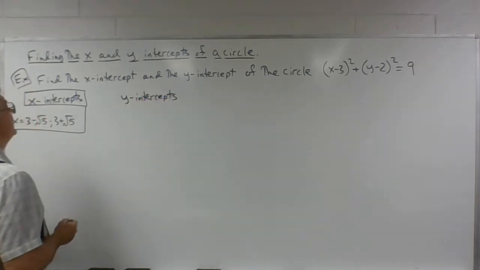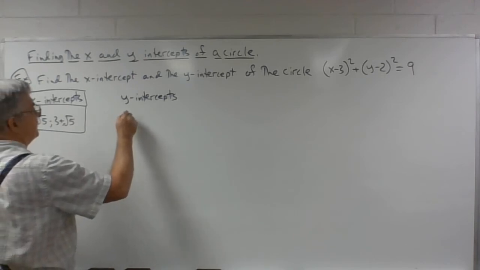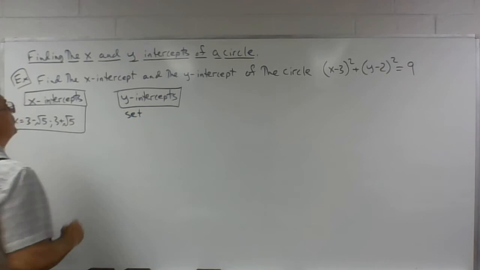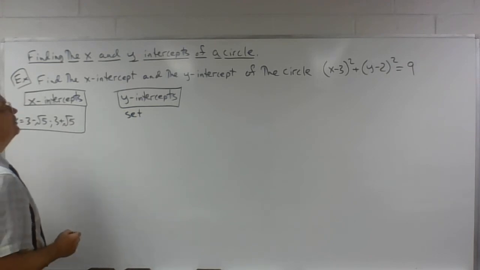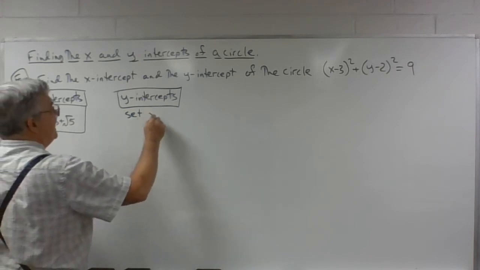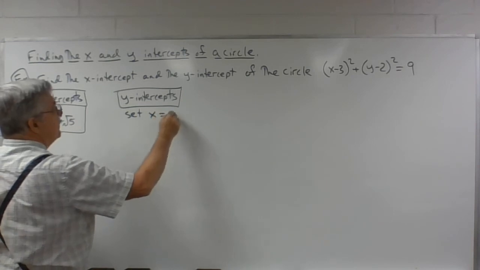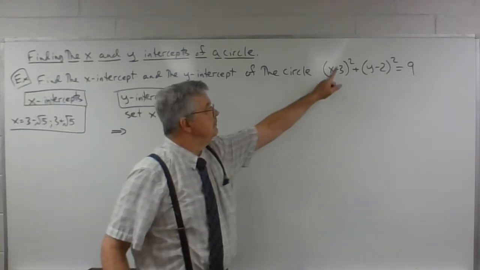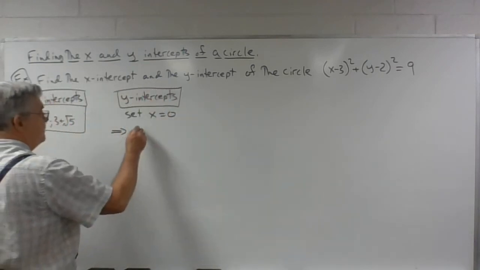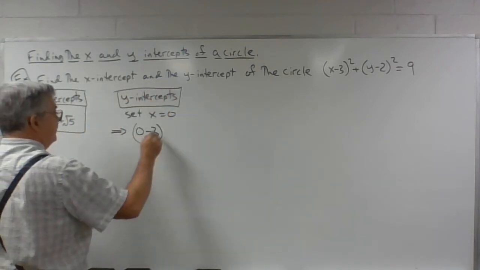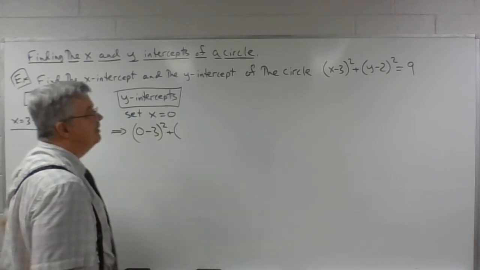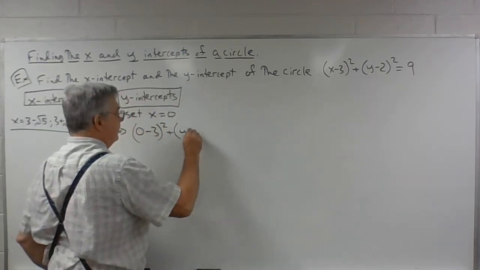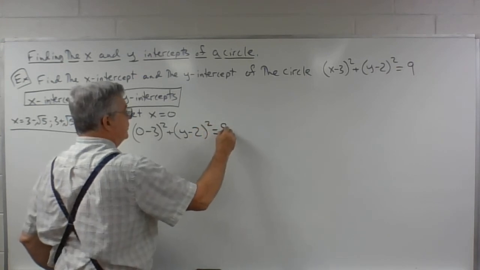Okay, now the Y-intercepts. To get the Y-intercepts, we set x equal to 0. And we get (0 minus 3) squared plus (y minus 2) squared equals 9.